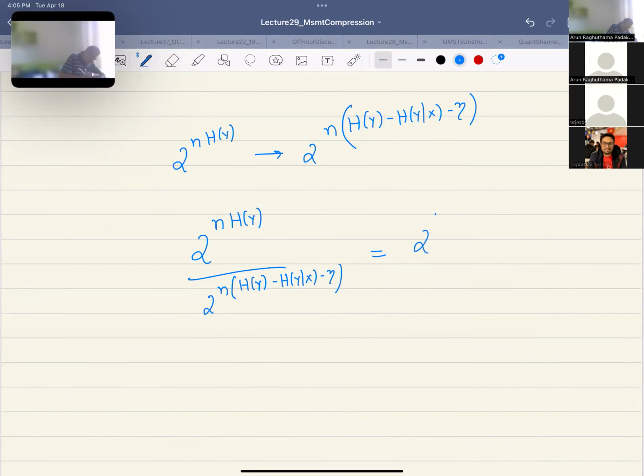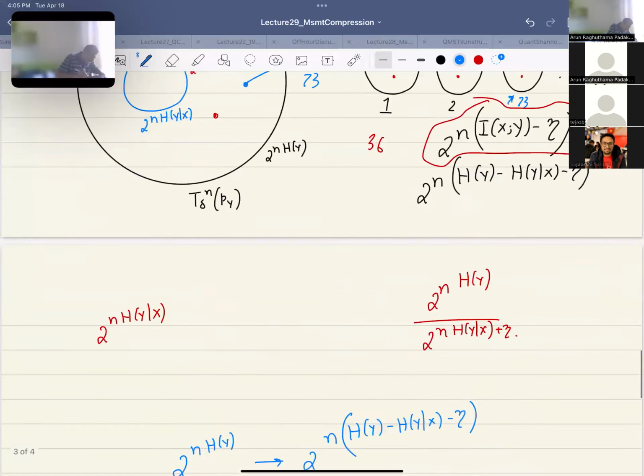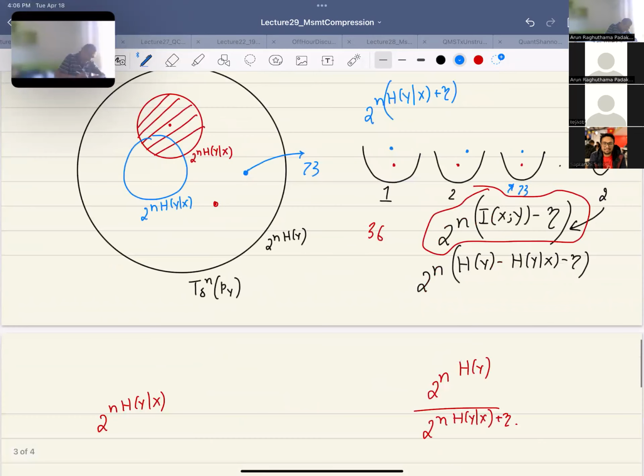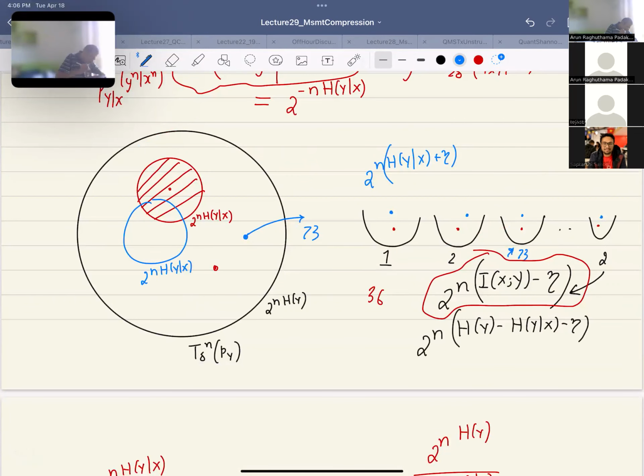So this is h of y given x plus eta. And since the number of typical sequences are of the same kind, every sequence from a ball goes into different bins, and you will see a representative in each bin of every conditional typical set.